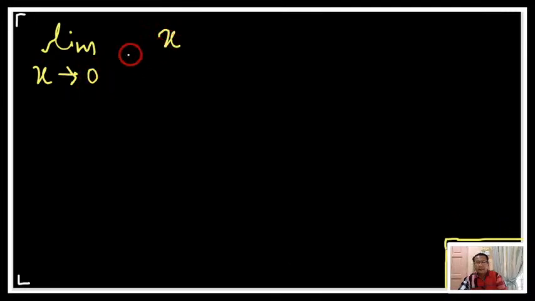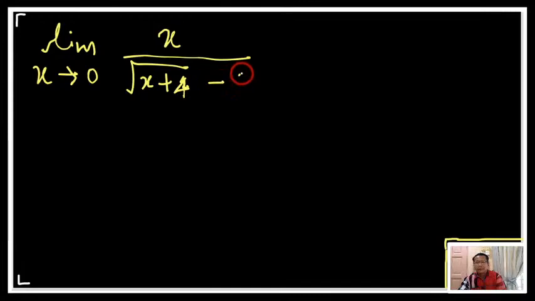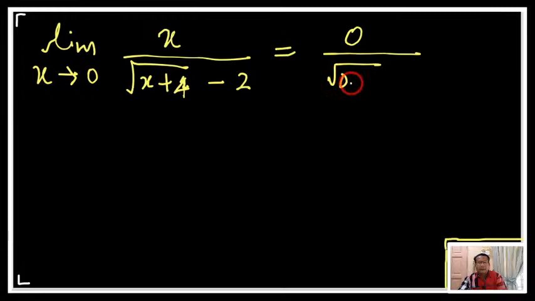Another example, limit x approaches 0, x over square root of x plus 4 minus 2. This one also the same. If you substitute 0 into here, you get 0 over square root of 0 plus 4, which is 2, minus 2, 0.